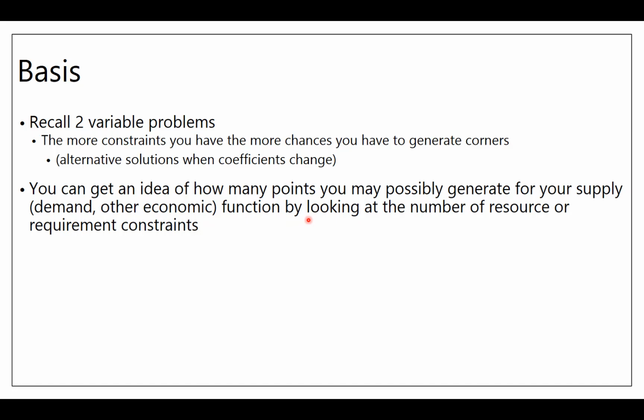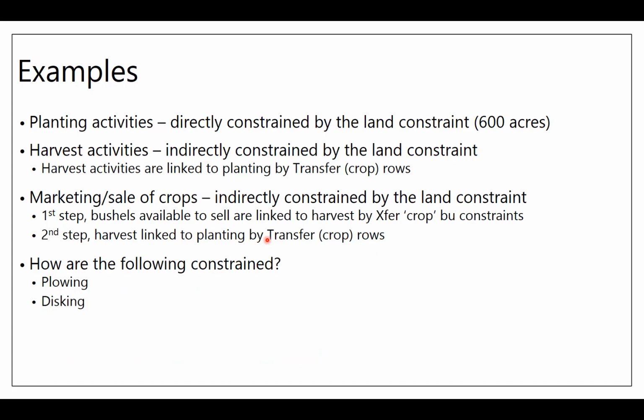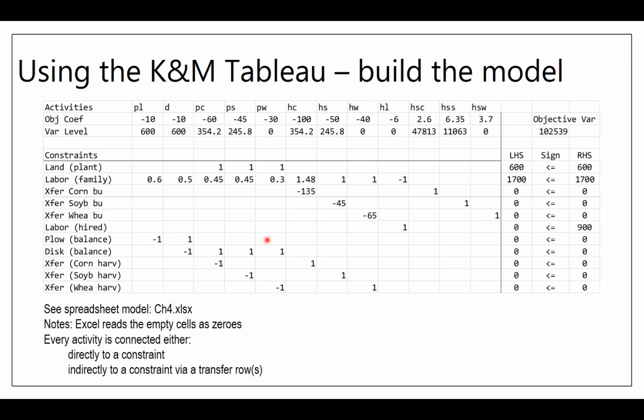And so in our model, if we went back to the Tableau, all the way back here, we really just have three resource limits in this model. We have land, family labor, and hired labor. And so those are really the three possible edges that we can make in this model, and one of them is zeroed out.